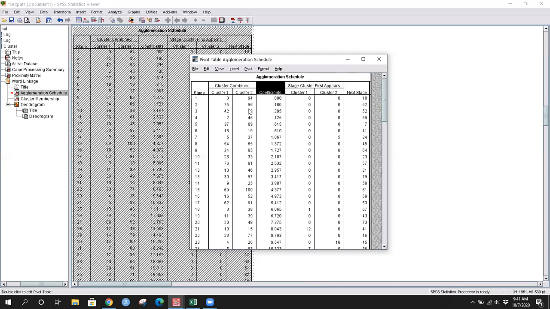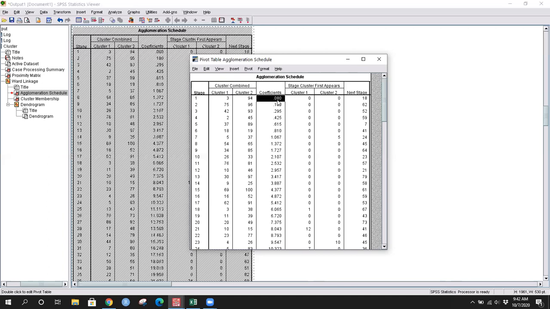How far are these people when they are being combined? Gradually we're going to see that, initially, for example, when the third and 94th person got combined into one cluster, the distance measure was 0.080.